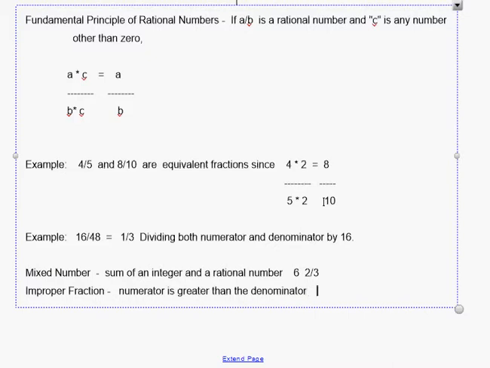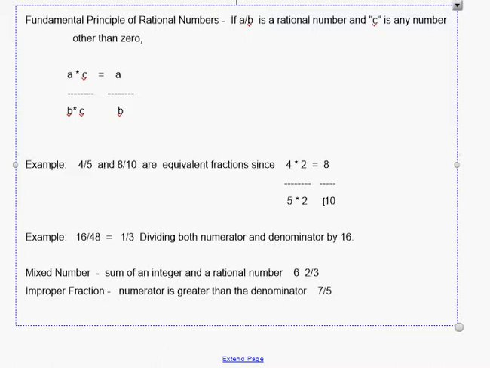So if we have the fraction 7/5. Now some books will say when the numerator is also equal to the denominator. This particular book just talks about numerator greater than denominator.